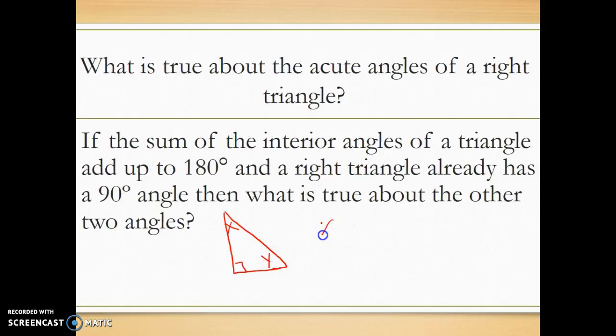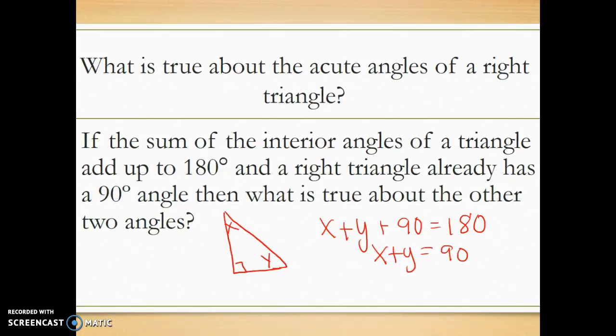X plus y plus 90 equals 180. If I subtract the 90 degree angle I already have, x plus y has to equal 90. So all this corollary means is that in a right triangle, instead of saying all three angles add up to 180, I can also just say the two other acute angles aside from the right angle have to add up to 90.